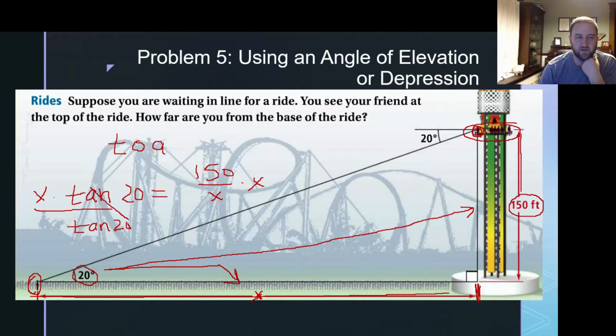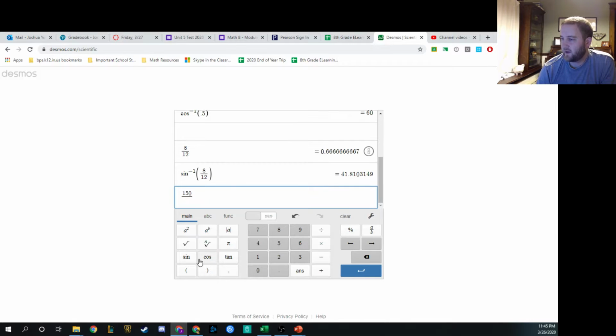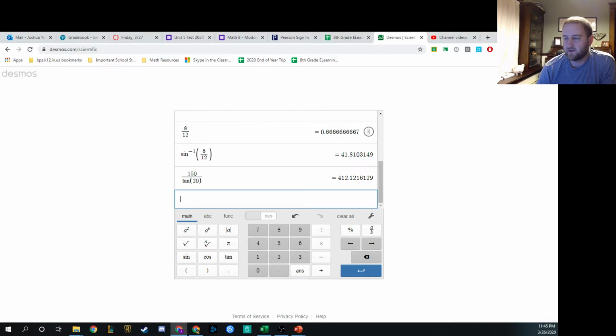That's going to cancel the tangent of 20 out here. So we've got 150 over the tangent of 20. We plug this into our calculator: 150 divided by the tangent of 20, and that gets us 412.1.